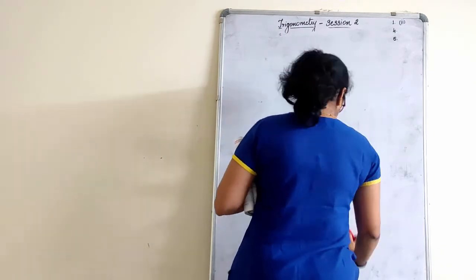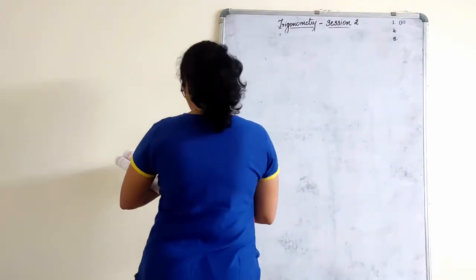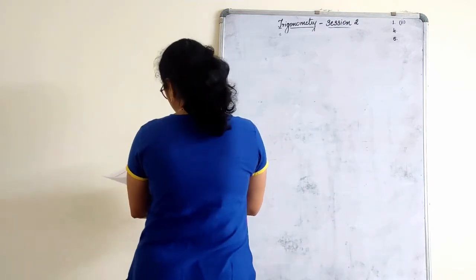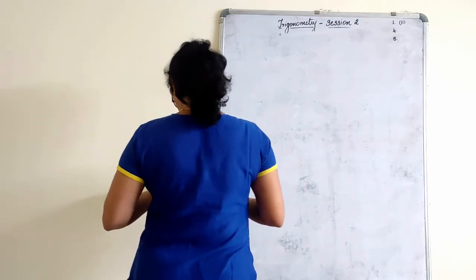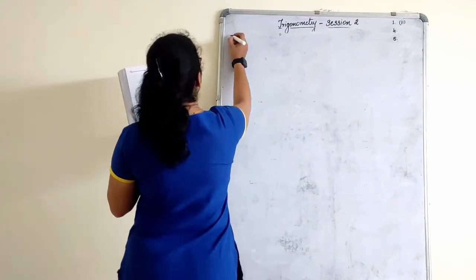All the sums in this exercise are based on the ratios here. We'll go with the next one, the 6th one.